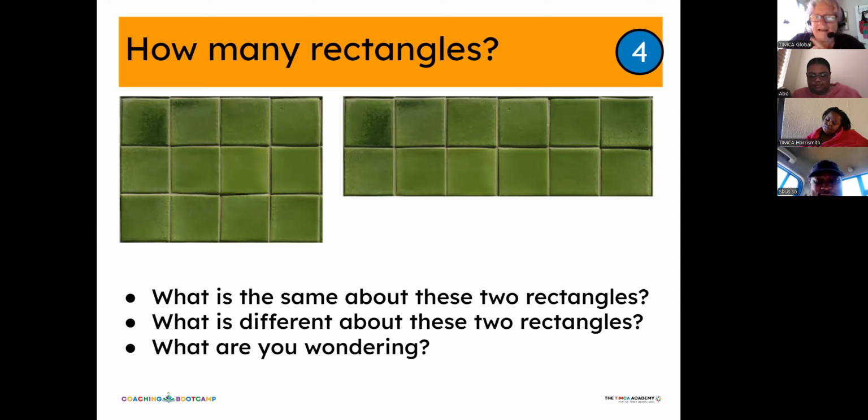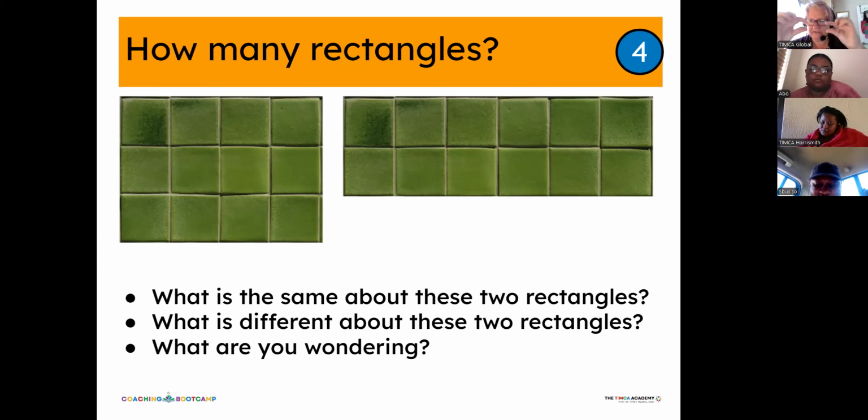Is there another way? I'm pushing you now. Is there another way? Imagine that these are individual little squares that you can break apart.